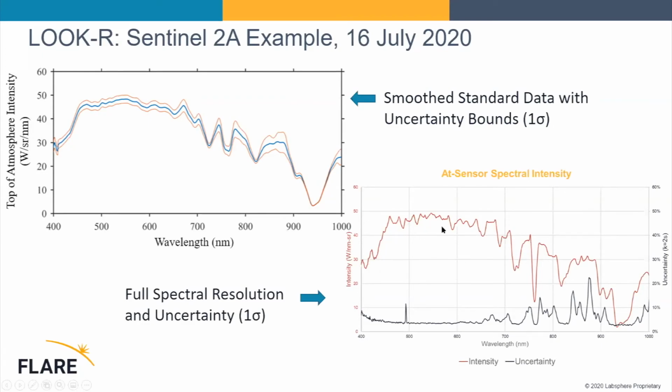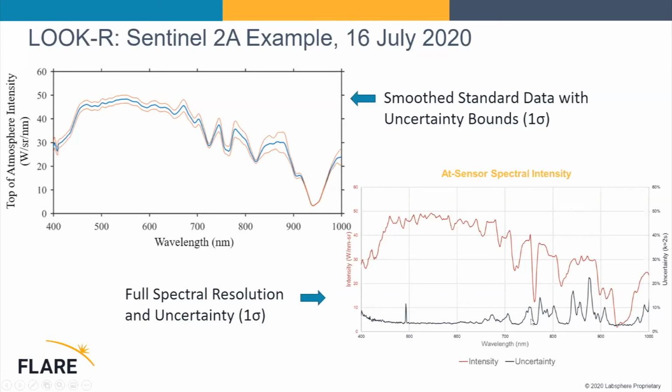And so this is the 1 nanometer data for the at-sensor spectral intensity at the top of atmosphere, at the sensor, or at the aperture of the sensor. And then below that, we have the black line, which is the actual 1 sigma uncertainty in 1 nanometer increments. And you can see that there's a little spurious thing here, which is due to the spectrometer on this particular capture. But wavelength by wavelength, we're at about 3.5% absolute, K equals 1.